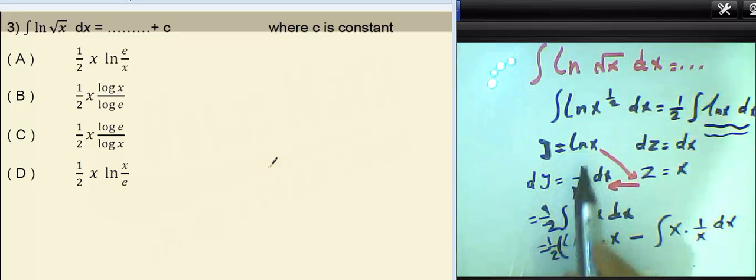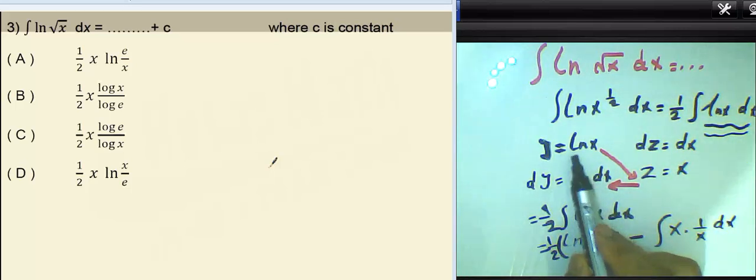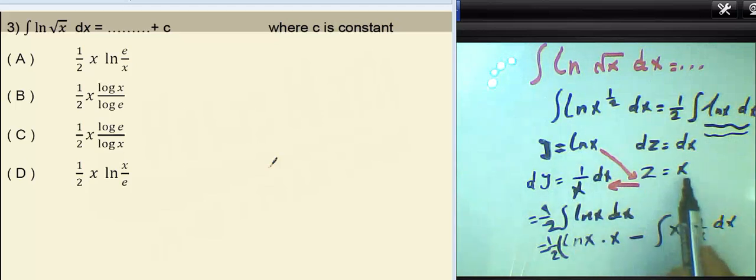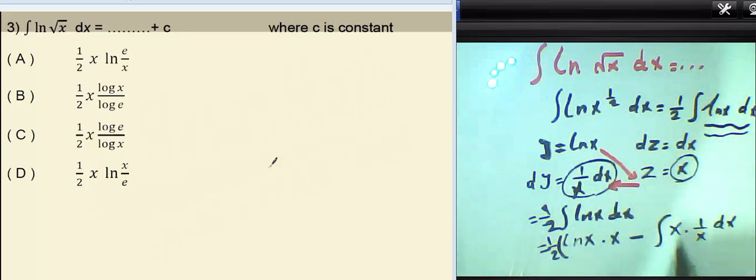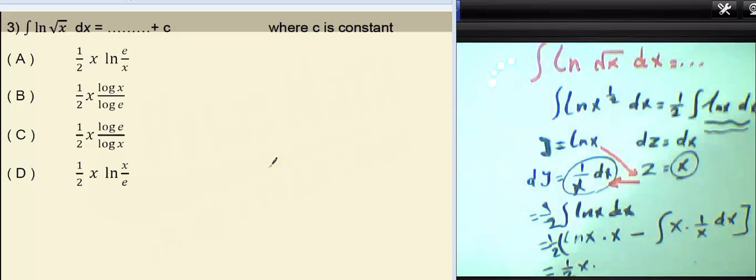Again, the first step we must find is the multiplication of ln x and x. Ln x multiplied by x subtract the integration of x and 1 over x dx here, and then you can simplify it. We have half outside, then you can write half here: x multiplied by ln x.